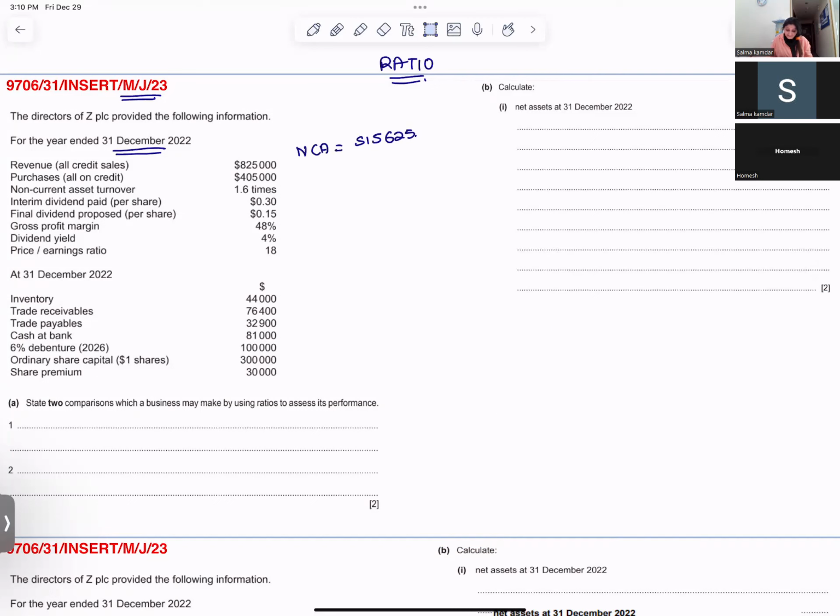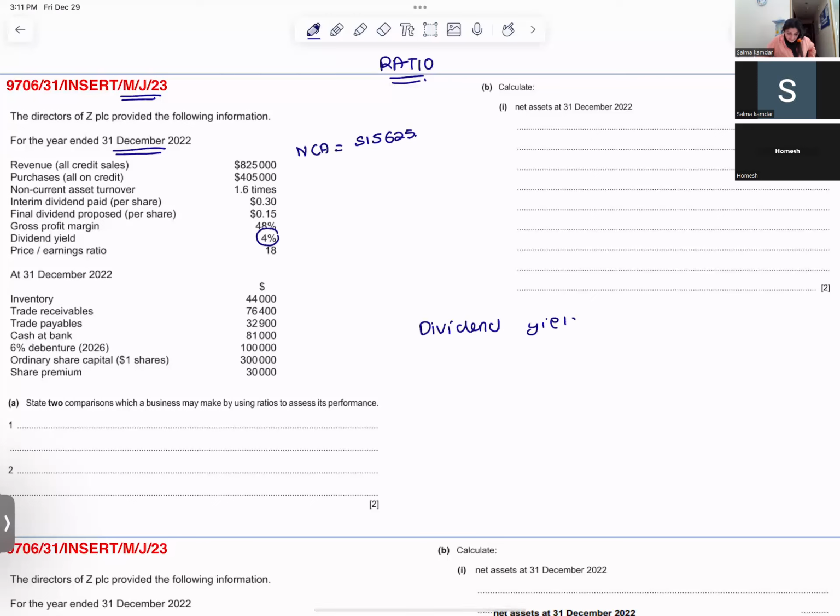You have proposed dividend as 0.15. You have gross profit margin as 48%. You have dividend yield. What is your dividend yield? 4%.